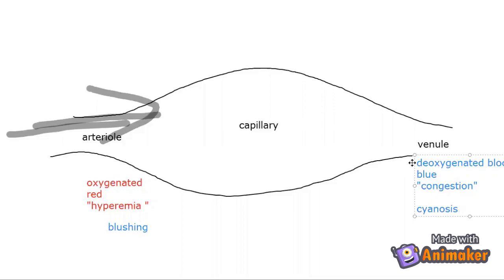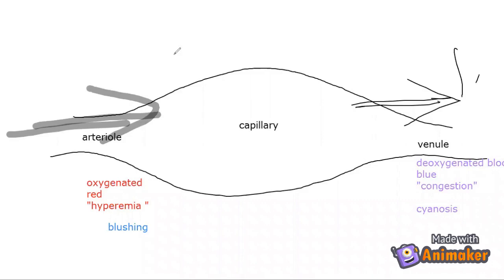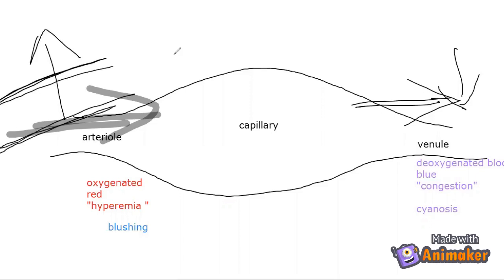The flow here has decreased. The flow here has increased. There is vasodilation. This was all about these two, hyperemia and congestion.